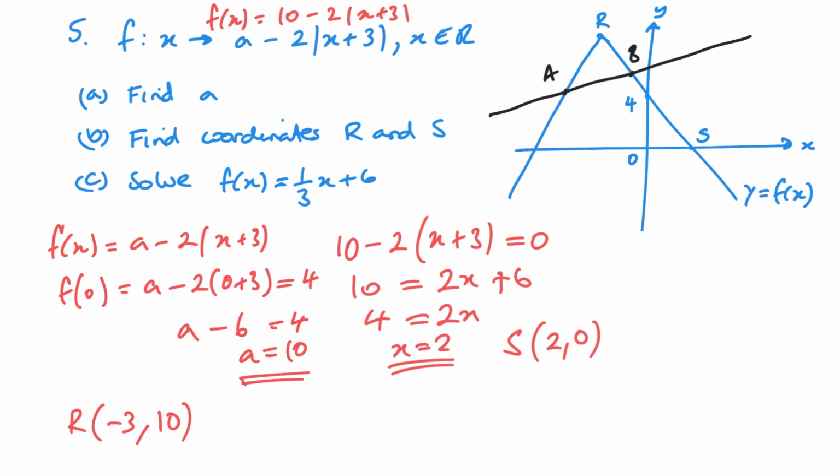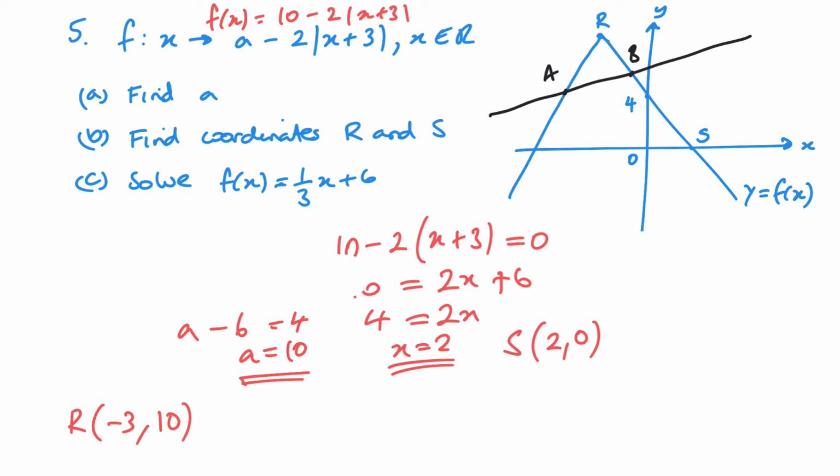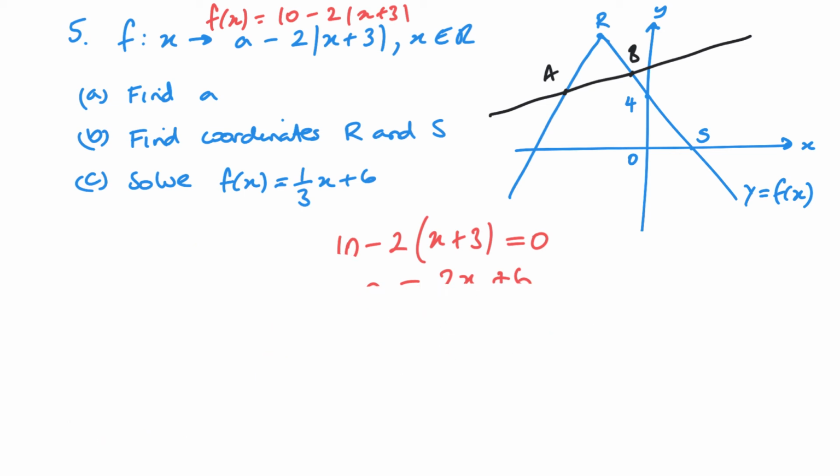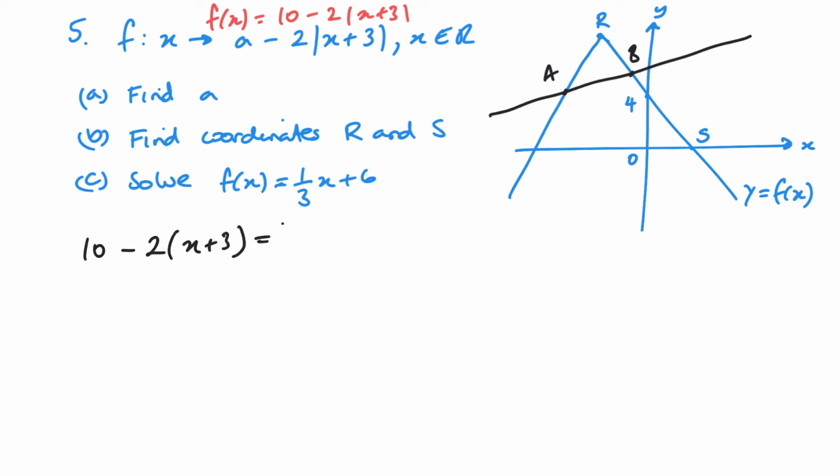So I'm actually just going to very quickly rub this out because I don't have a lot of room. Okay, so as I was saying, let's go 10 minus 2 brackets x plus 3 equals 1/3 x plus 6, and 10 plus 2 brackets x plus 3 equals 1/3 x plus 6. Just need to solve both of these now.